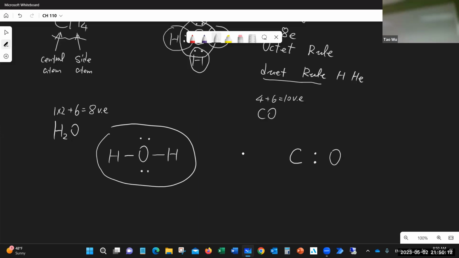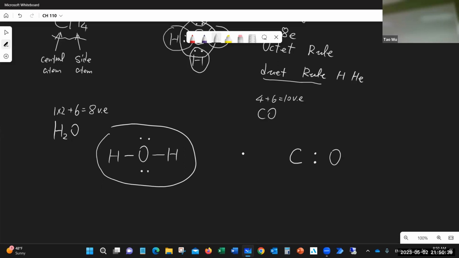So don't assign 2 here, 2 here, 2 here, 2 here, because then none of them follow the octet. If you have extra dots, you first make one element an octet, and then assign the remaining dots to the other element. Do you understand what I'm talking about?